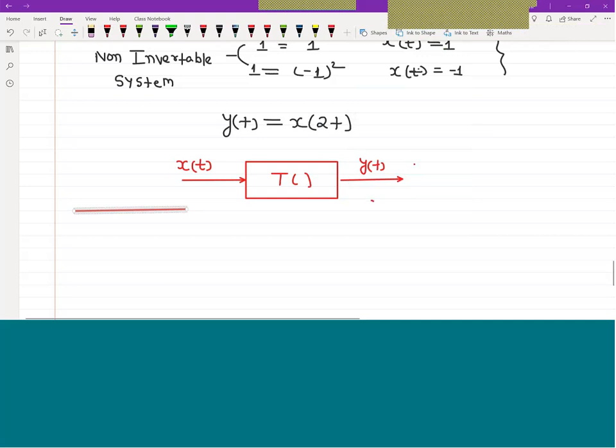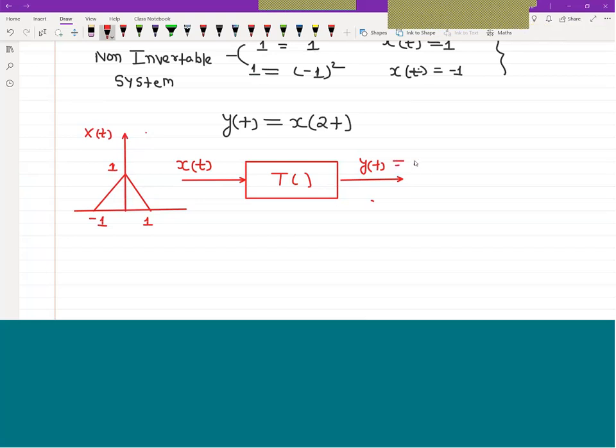I am taking this as my input, with points -1 and 1. This is x(t). And y(t) equal to what?